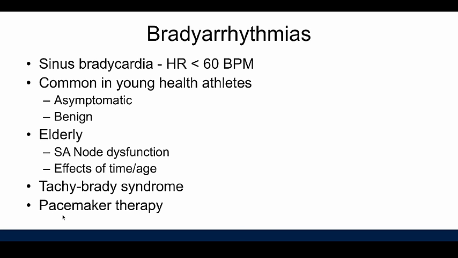A pacemaker is different and separate from what we talked about previously, the implantable cardiac defibrillator. An ICD literally shocks the heart from the inside if it detects a life-threatening rhythm, such as VFib or sustained VTach or torsades, so polymorphic VTach.